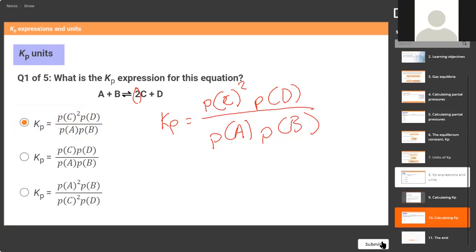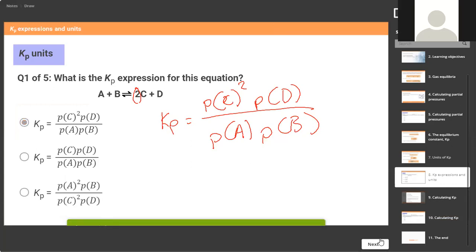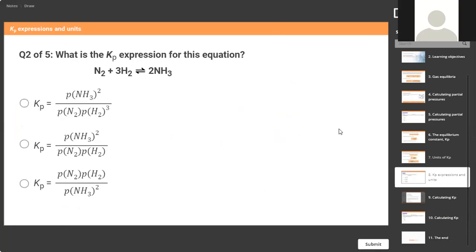Let's move on to the next question. What is the Kp expression for this equation? Let's do exactly the same thing again and write the whole thing out.